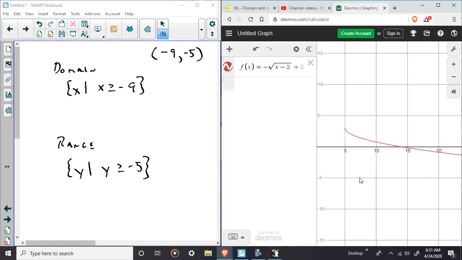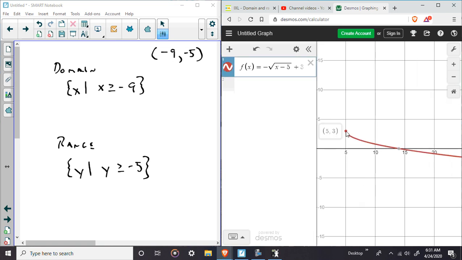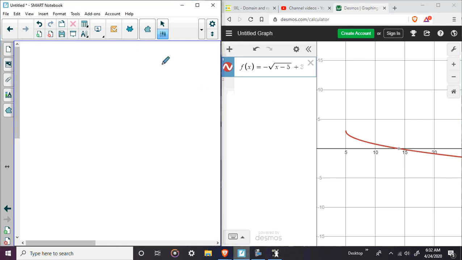Again, so it's flipped upside down, but where does it start? It starts from 5, 3. So we're starting from 5, 3. Now, we need to be a little bit careful with this one, though, because if we take a look, yes, my x values are going up, right?